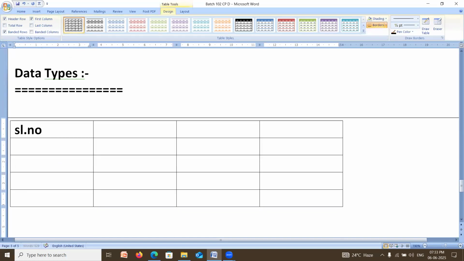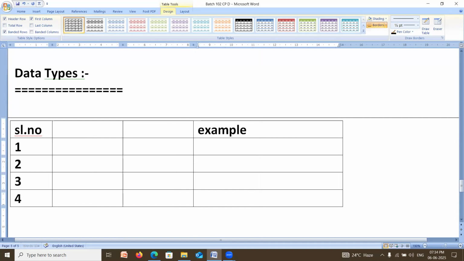Here we have 4 types of data types. 1, 2, 3, 4. What are those? I will give an example for each data type.